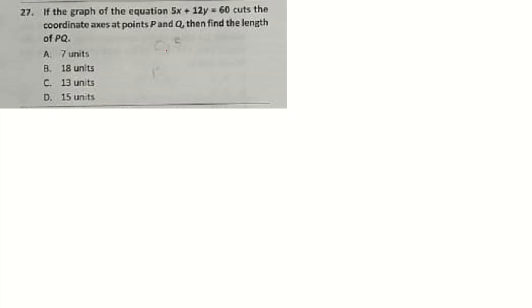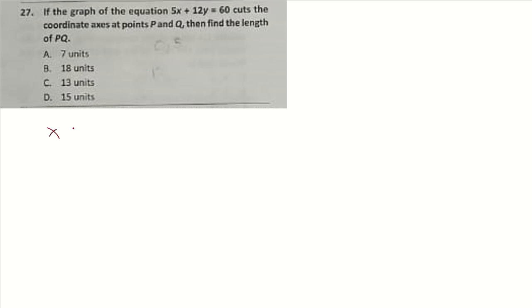If the graph of the equation 5x plus 12y is 60 cuts the coordinate axis at points P and Q, then find the length of PQ. Now, when it cuts the x-axis, at that point y will be equal to 0, and when it cuts the y-axis, at that point x will be equal to 0.